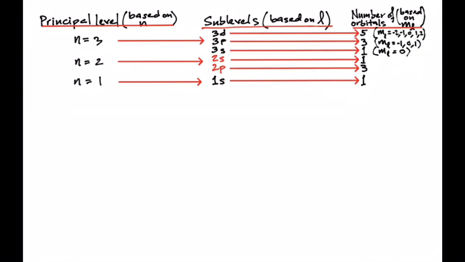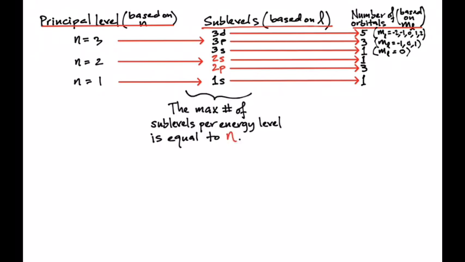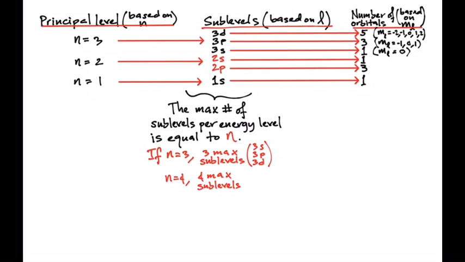So you can predict that n equals 4 would have 4 sublevels. So here the maximum number of sublevels per energy level is equal to the value of n. Okay, so if you have, again, n equals 3, then you have 3 sublevels. If you have n equals 4, you have 4 maximum sublevels. n equals 5 would be 5 sublevels.